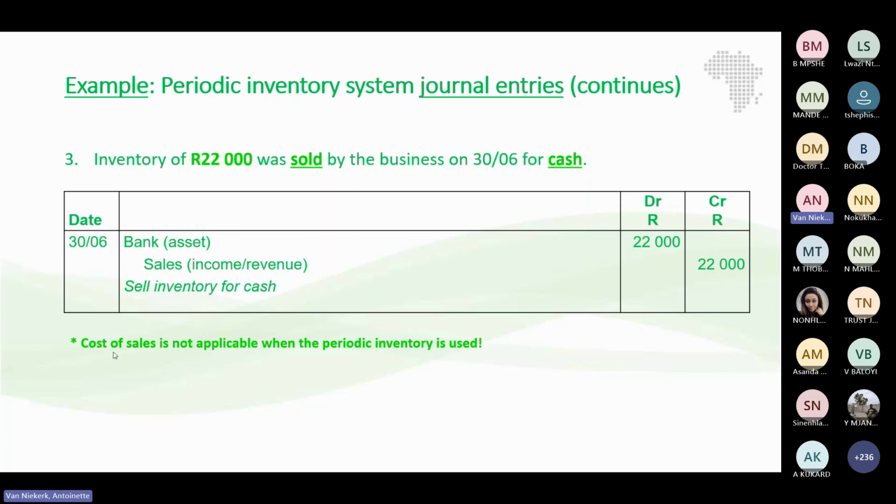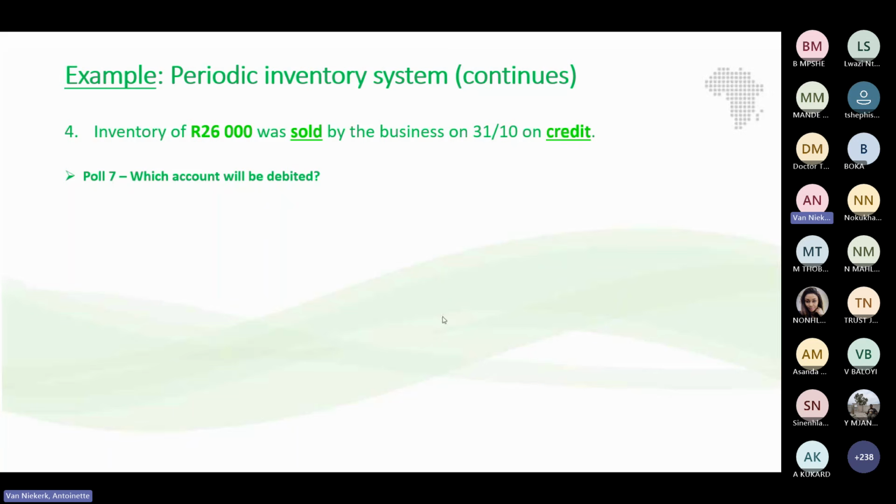Then I put in again the same note: cost of sales is not applicable when the periodic inventory system is used. Now the fourth transaction. Inventory of 26,000 Rand was sold by the business on the 31st of October on credit. So now we see credit, no bank account.